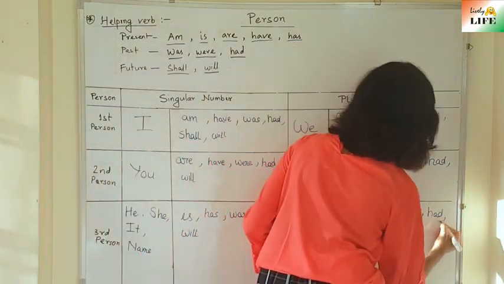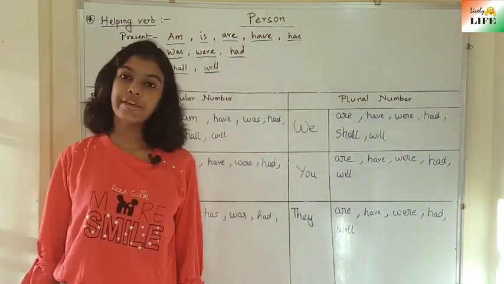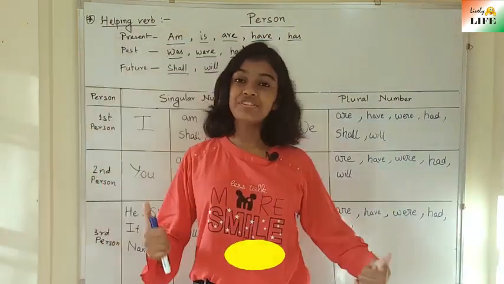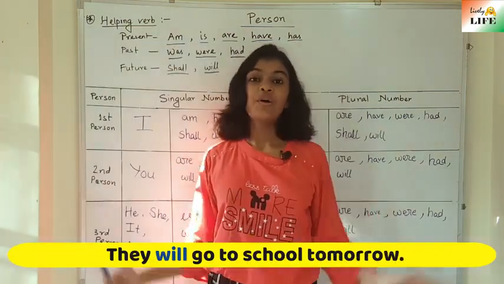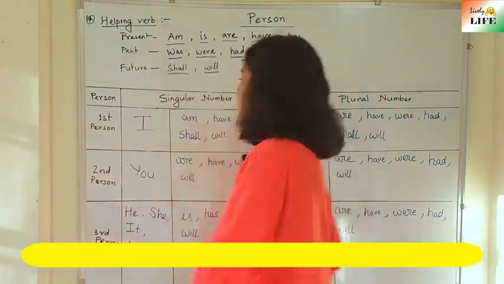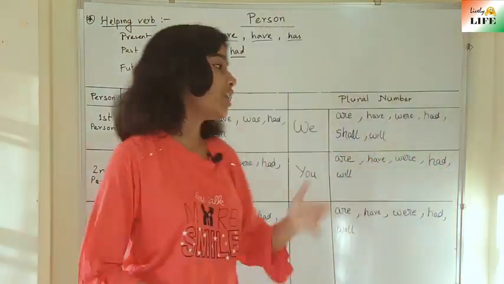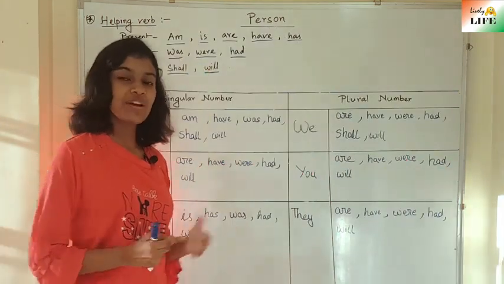They will. Okay. So, they will go to school tomorrow. We will visit Paris the next month. Okay. So, these are the important helping verbs and this is where we use them.